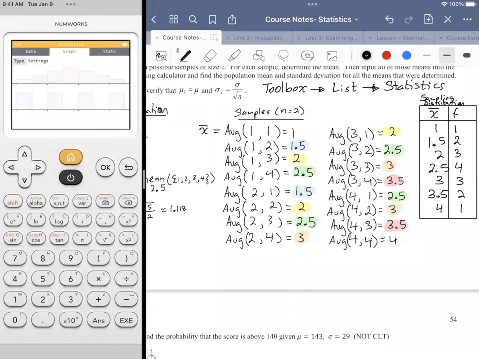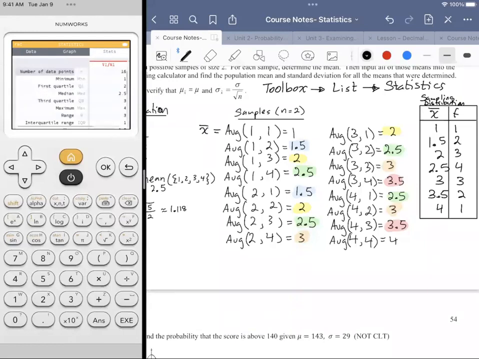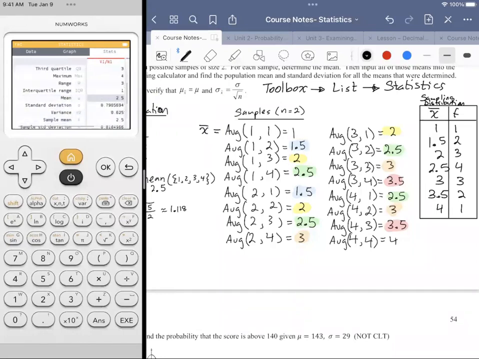That's the power of the central limit theorem. So I'll go to my stats here, and we're going to go for the population mean, the mu is equal to 2.5, and the sigma is about 0.791.